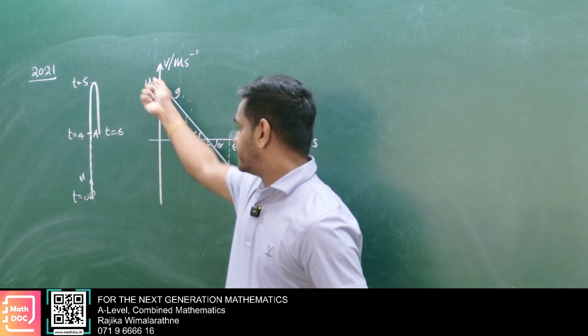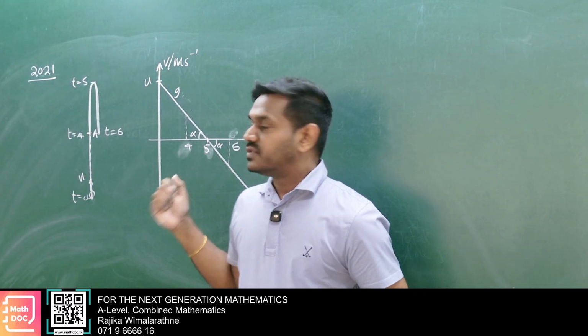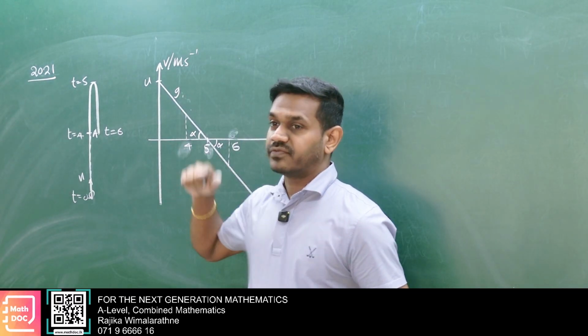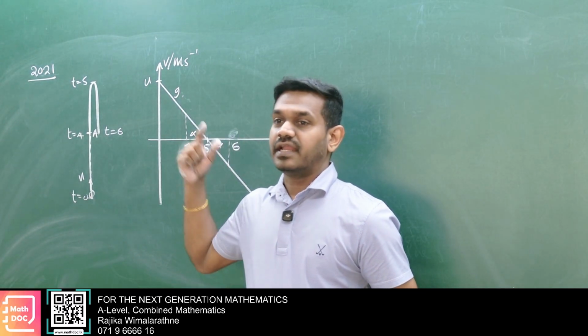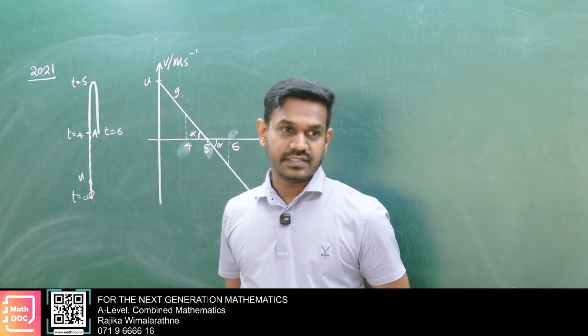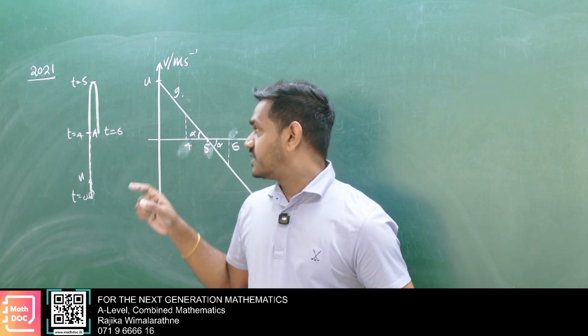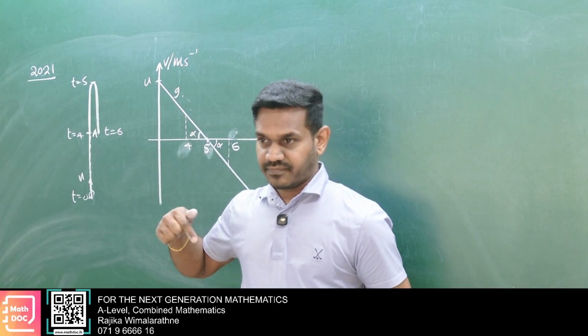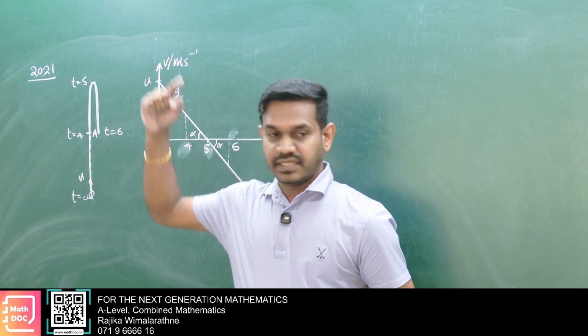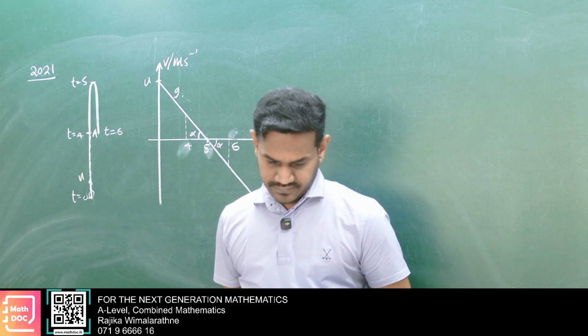Then initial velocity u, here the graph. So after 4 seconds, it reaches A. Again after 2 seconds it comes back. Therefore upward 1 second, downward 1 second, because it is symmetrical.